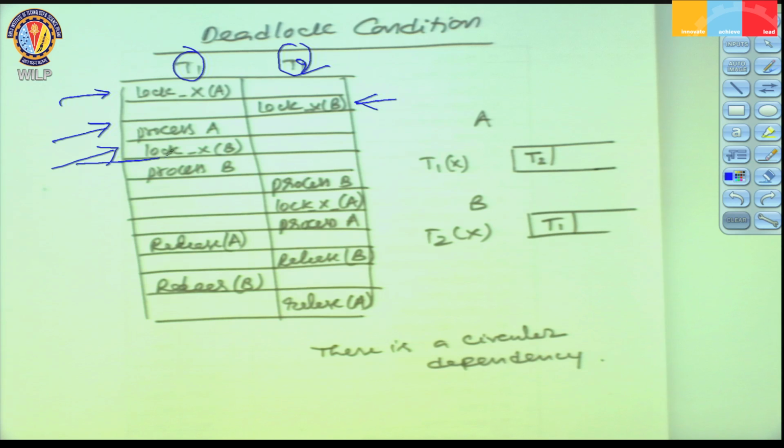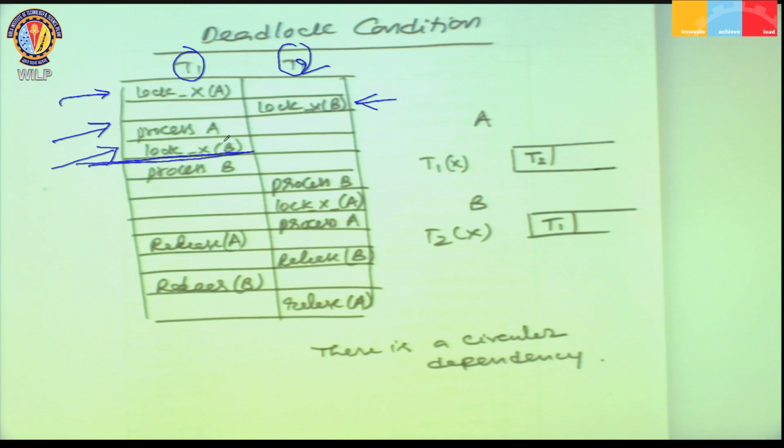There is a blocked situation, because T1 cannot proceed as it wants to acquire a lock on data item B in exclusive mode, and B is already locked by transaction T2 in exclusive mode. So T1 blocks, it cannot continue further, automatically the control goes to T2, and T2 will proceed with the second instruction.